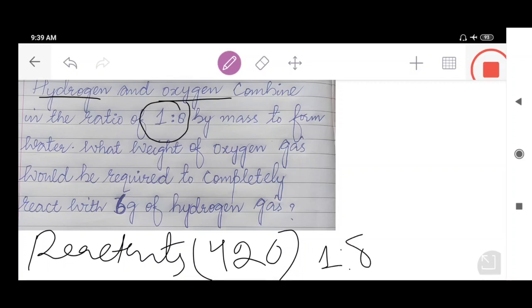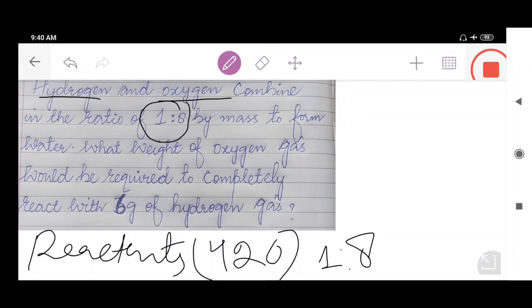That means 1 gram of hydrogen should react with 8 grams of oxygen, then water will get formed. And I told you that whatever may be the source from which a compound is obtained, it is always made up of the same elements in the same proportion by mass. That was in accordance with the law of definite proportions.